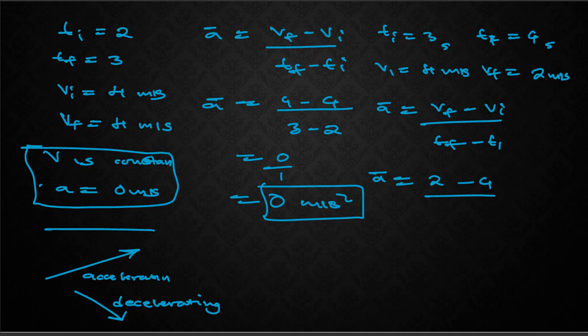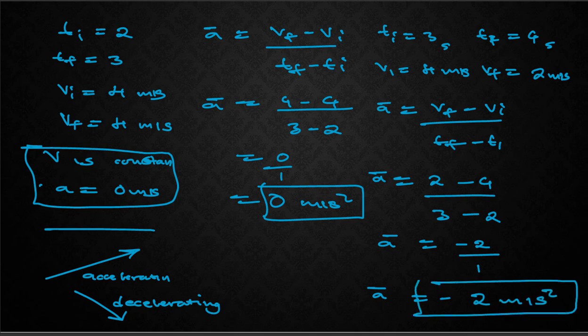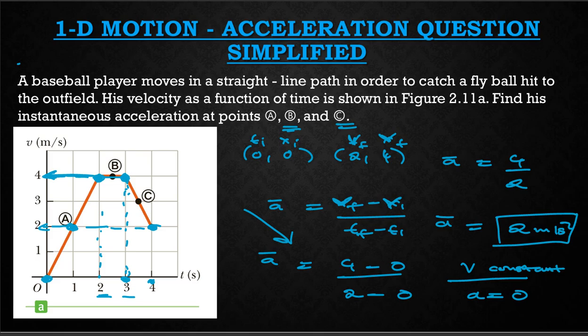Our T final is 3 and our T initial is 2. So on top we have negative 2, and down here we have 1, so our acceleration is negative 2. This makes sense because when the graph is dropping, the acceleration is always going to be negative.